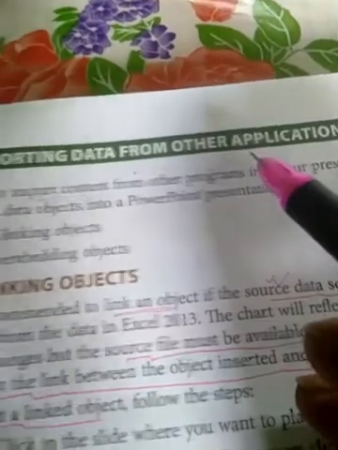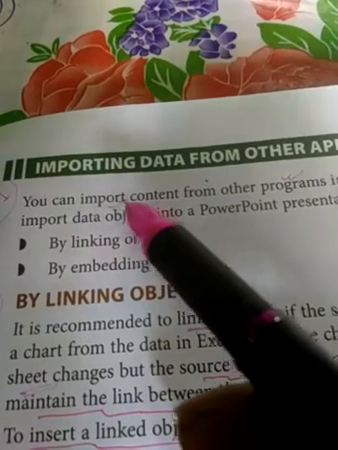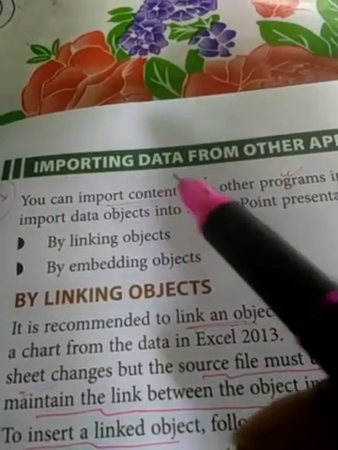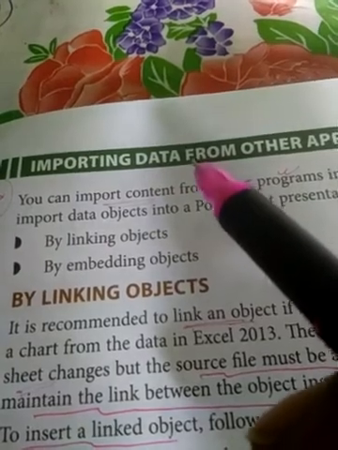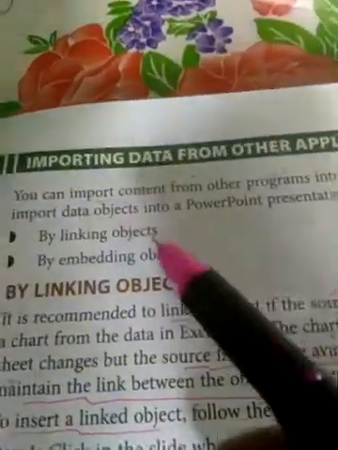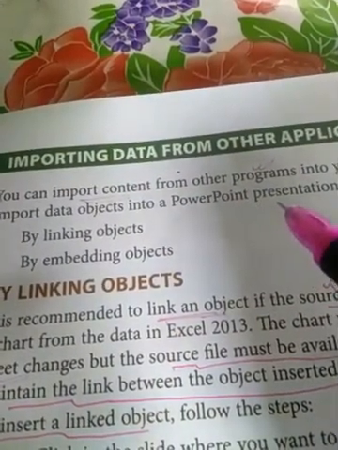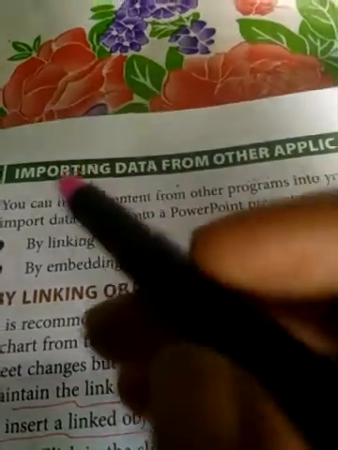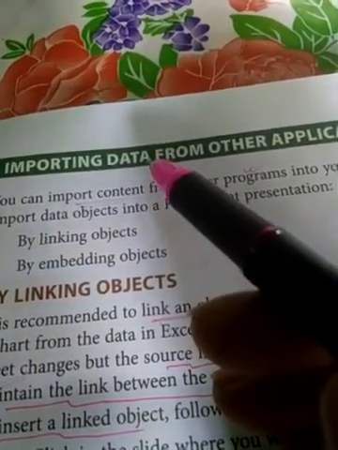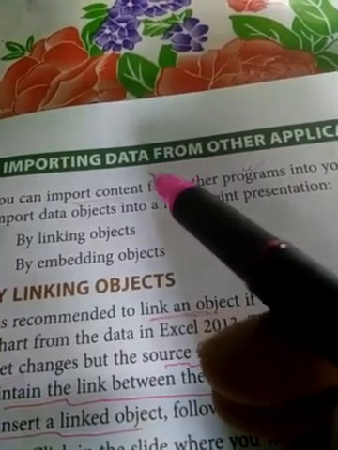In computer science, importing means the way of sending some files, maybe PDF, maybe other files, from one application to another application, that is the presentation slides. So this is the meaning of importing. Data may be any kind, maybe image files or PDF files, etc.